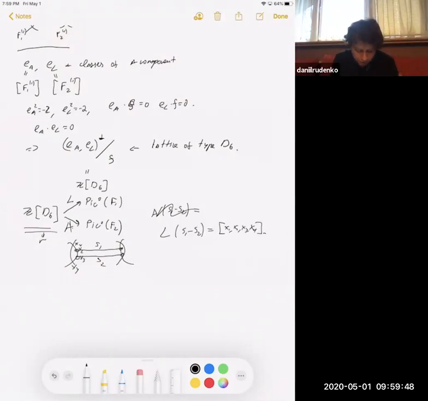This is because if you look at Pic-zero of a reducible curve, then each of these Pic-zero groups is just the multiplicative group of a field, and the correspondence is just by taking the cross ratio.